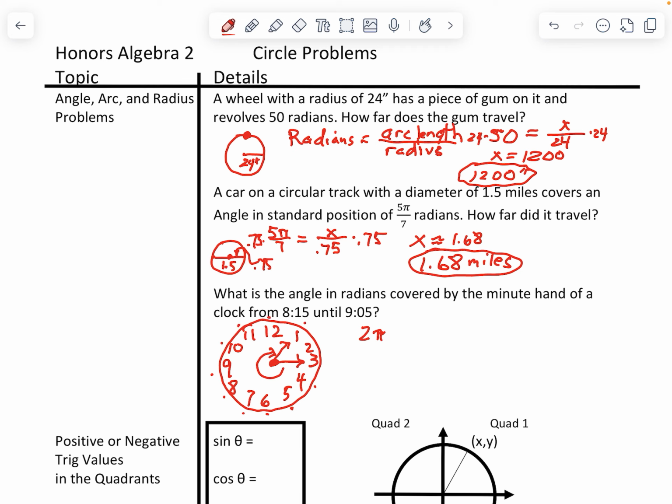We just didn't do the 2 or go back to the 3. So we've done 10/12ths of the circuit around the whole thing.